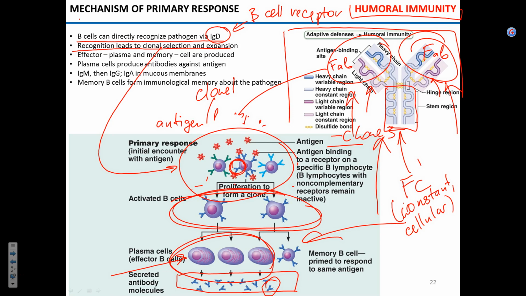Now, there's one problem. Your tissues, your proteins in your tissues, can they potentially be antigens? Yes or no? Yes, they're proteins. They can be antigens. They totally qualify for it.